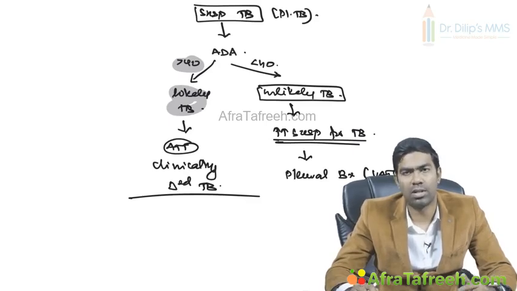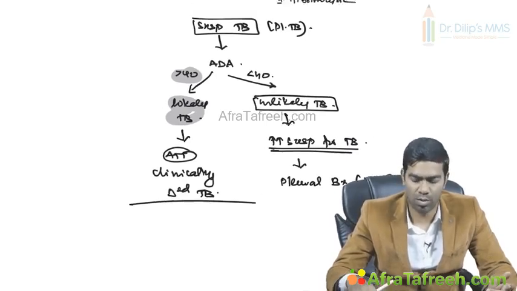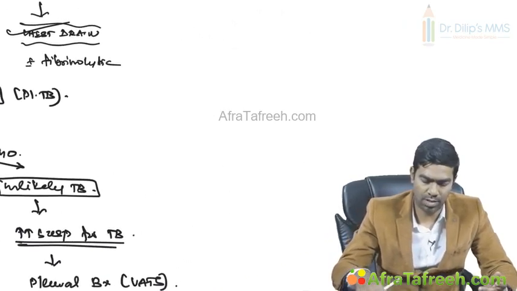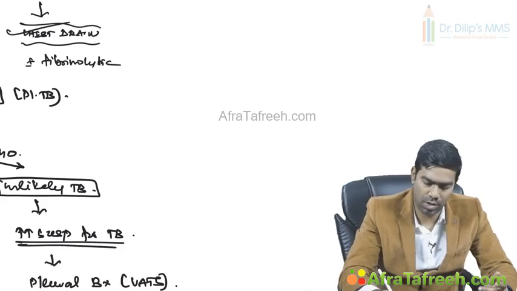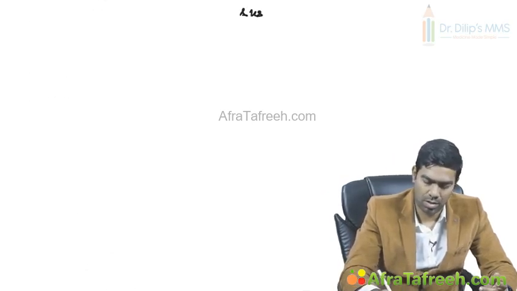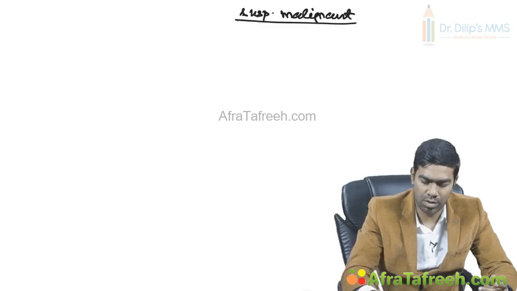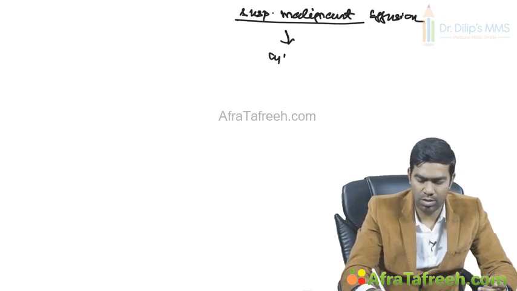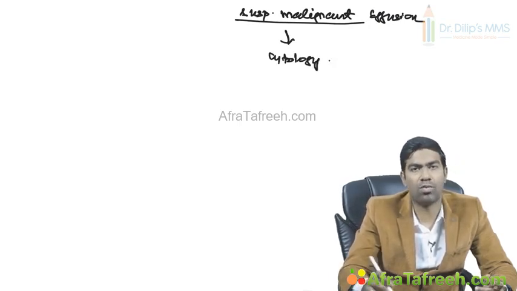Similarly, you have suspected malignant effusions also, how to approach them. Suppose you have a suspected malignant pleural effusion, we call them MPE. Suspected malignant pleural effusion, do cytology. The first thing you have to look out for is the cytology.